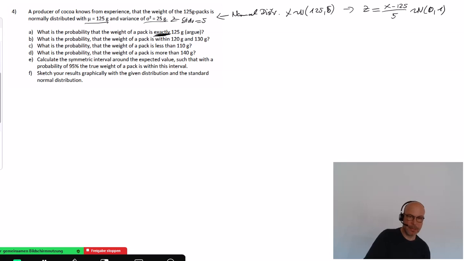About this I have also talked in the first lectures. This is somehow a little bit tricky, the answer, because why? Well, we have no discrete variable anymore.